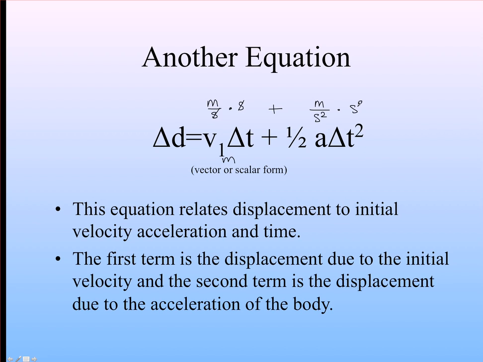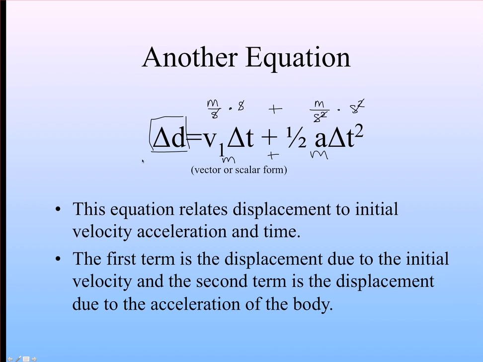These will cancel. The second term will also have units of meters, and our displacement or distance will have units of meters plus meters, or meters, which is appropriate. Again, if your units don't agree with the quantity that you're solving for, then something's wrong and you need to go back and check your work.